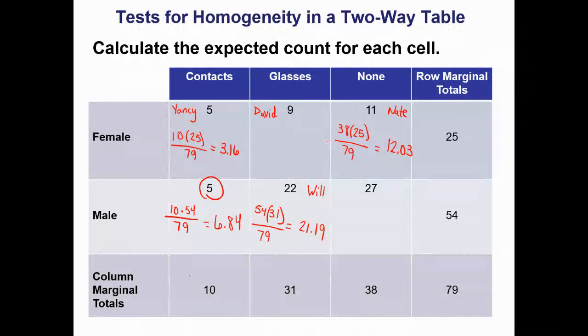Yep, and how did you calculate it, David? 31 times 25 divided by 79. That's right. That gets us 9.81. Okay, and then Mia.